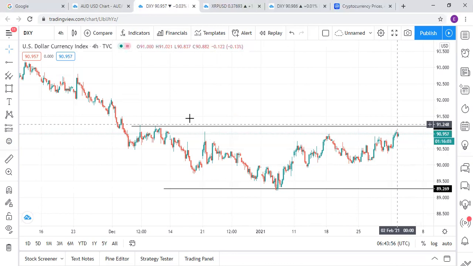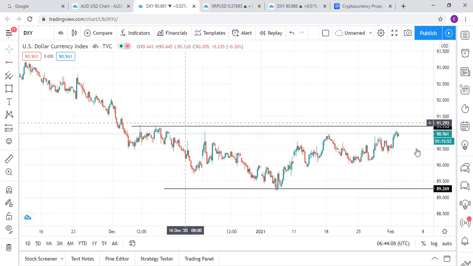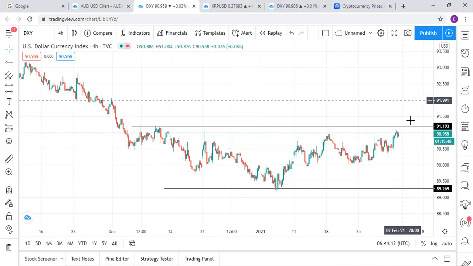But the trend to me is going to change, or I would say the trend has changed, immediately I see a breakout of this region, of this area. Then we test, have a higher high, higher low.